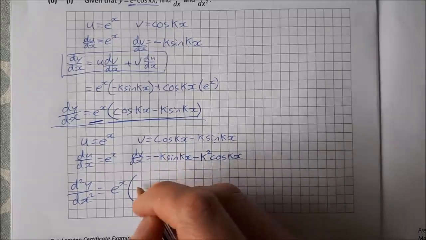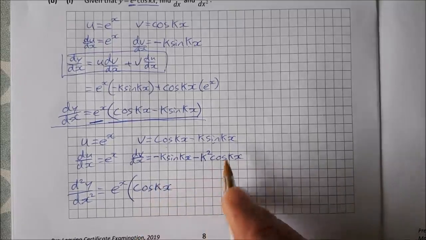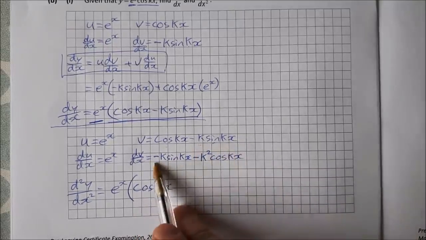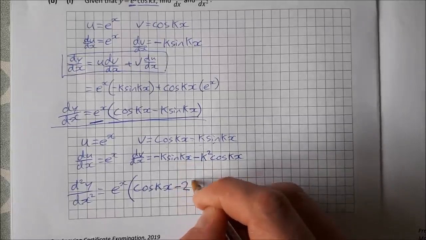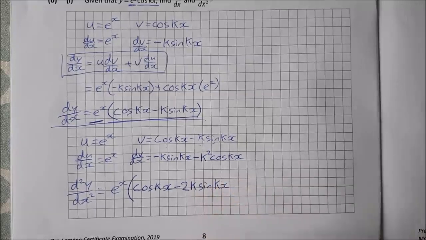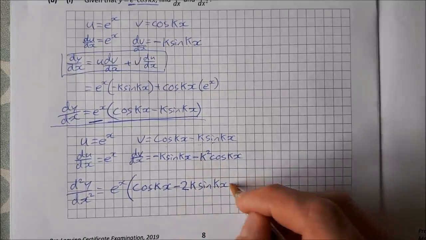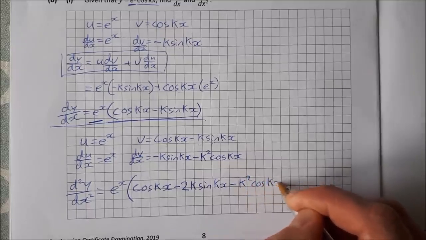So that'll be cos kx minus k sine kx, and minus another k sine kx is minus 2k sine kx, and then minus k squared cos kx.